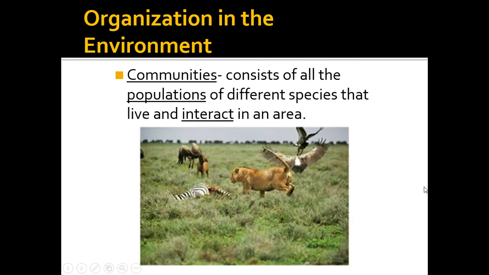Okay. Communities, these are going to consist of populations of different species interacting with one another. So here we have some vultures coming in to try to get a meal, some lions that have killed our poor little zebra down here. And so these guys are all interacting and living in the same area. Okay.